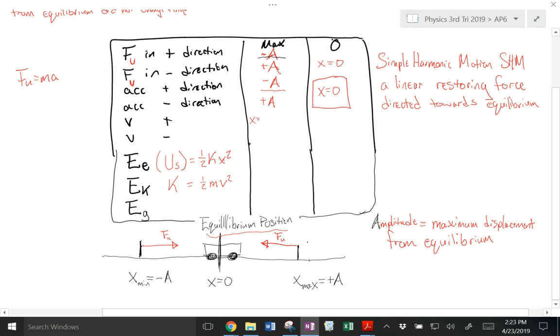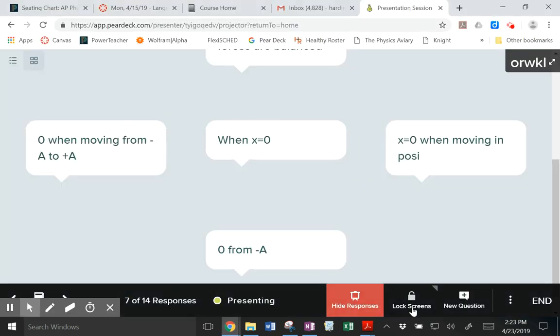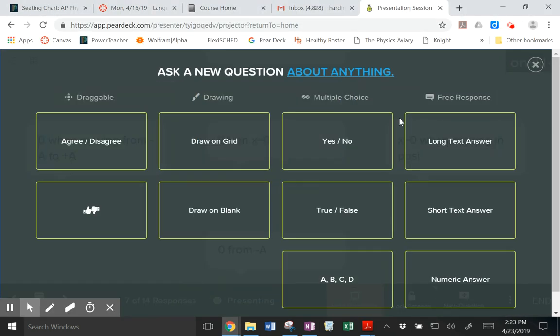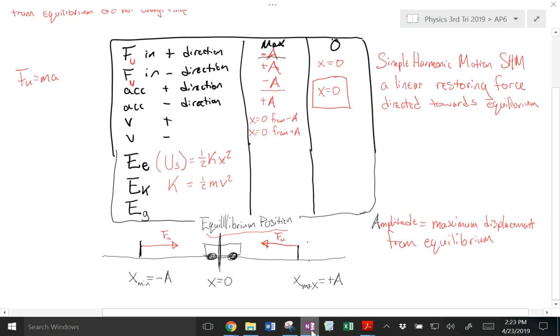So x equals 0 from negative A. Not x equals 0 from positive A. Okay. Last one, not true. But last-ish one, when is velocity 0 for that object? Or where is velocity 0 for that object?